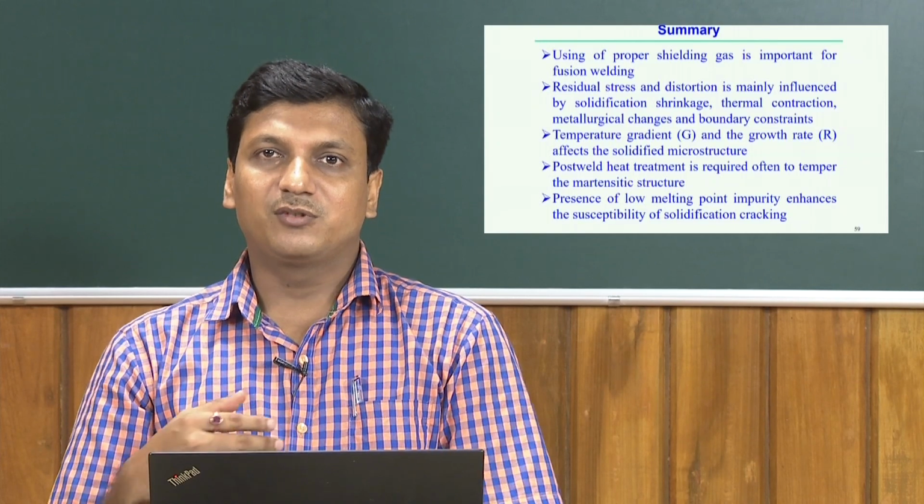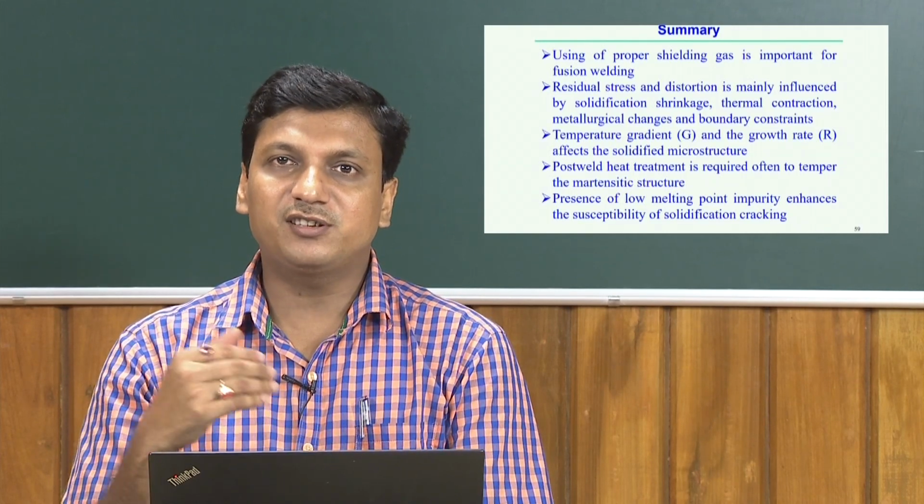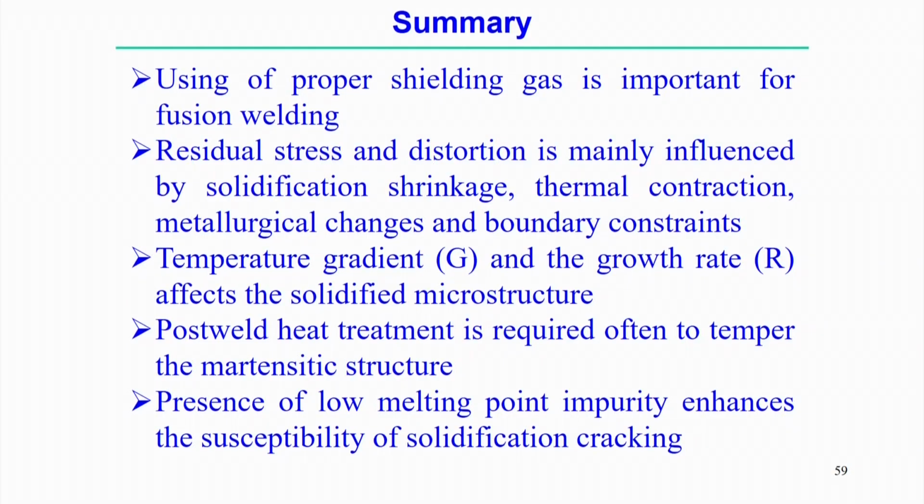So, keeping these impurities at a low level helps to prevent solidification cracking, or the presence of other alloying elements such as manganese neutralizes the effect of these low melting point impurities in an alloy during solidification.